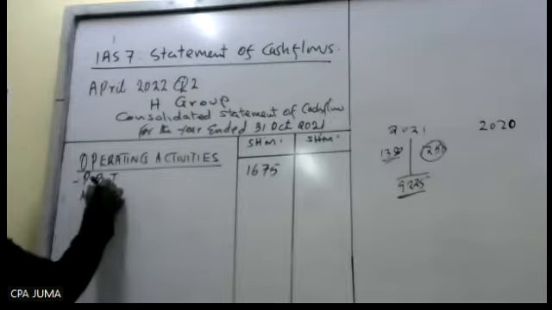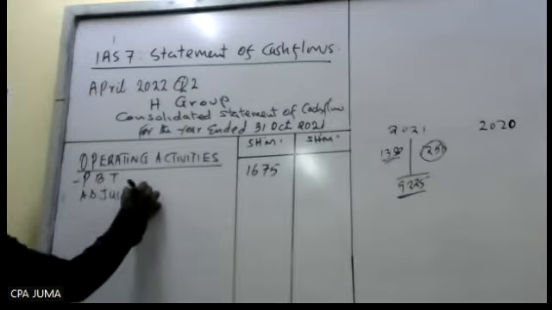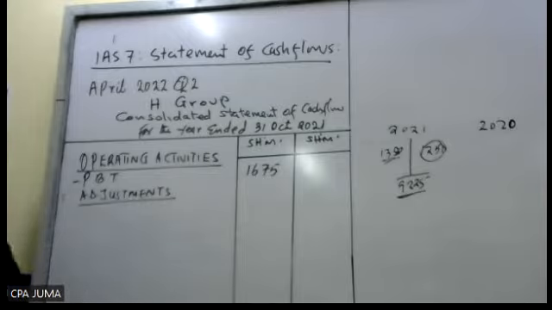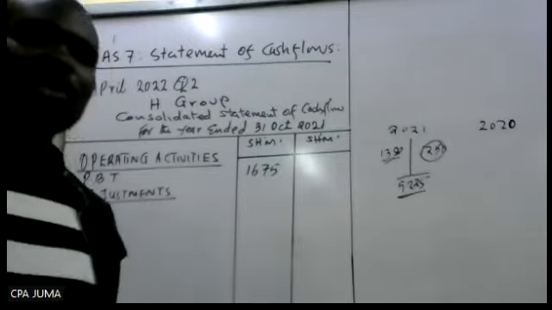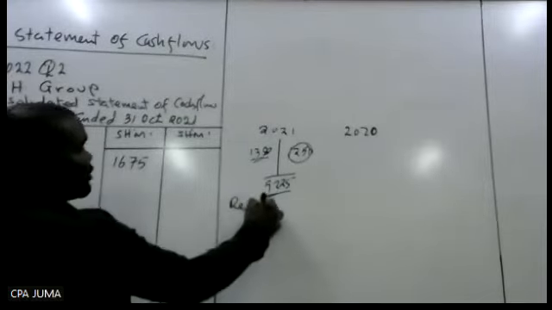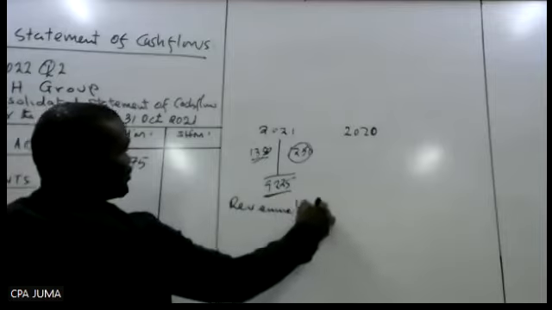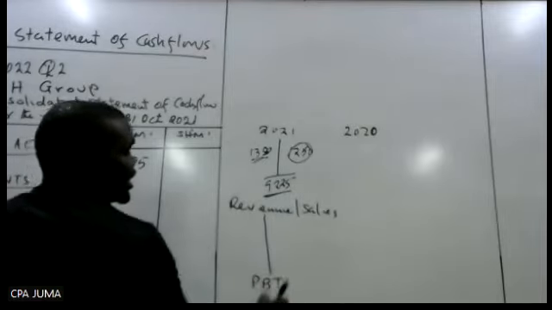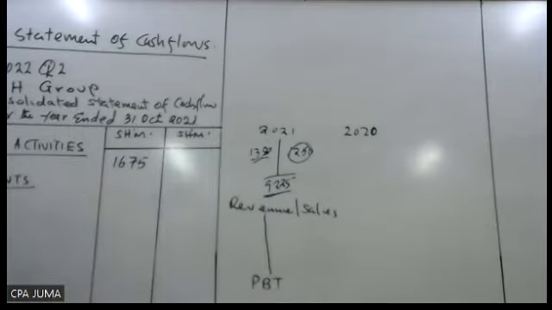So all adjustments. What do we want to adjust? For you to arrive at profit before tax, you started from revenue, which is maybe sales. You have subtracted all expenses. That is how you arrive at profit before what? Tax.